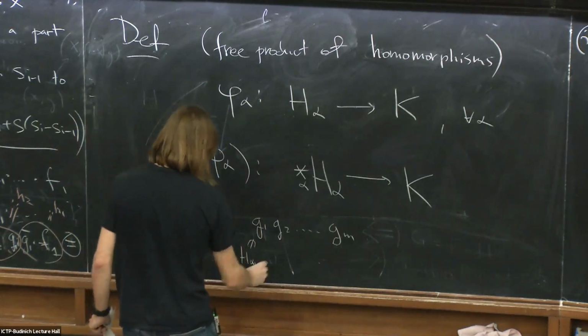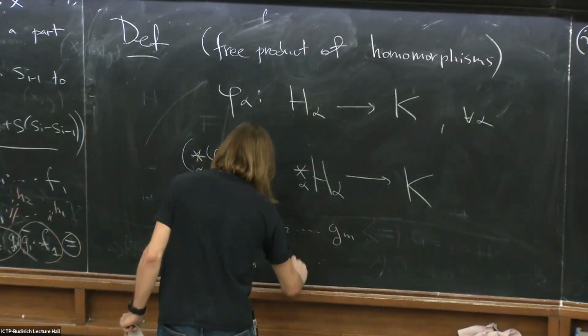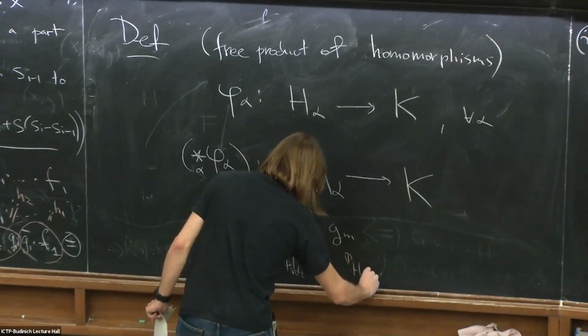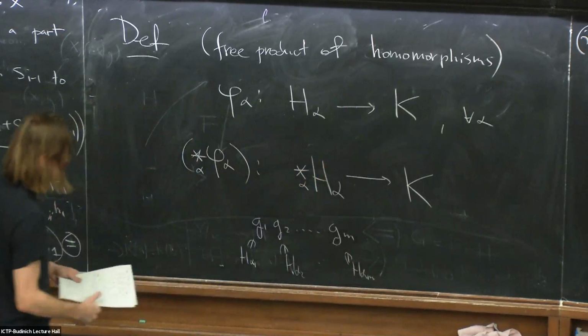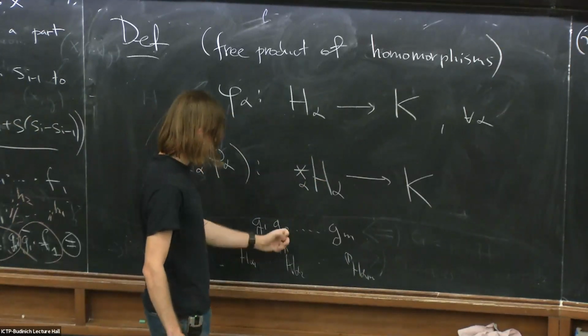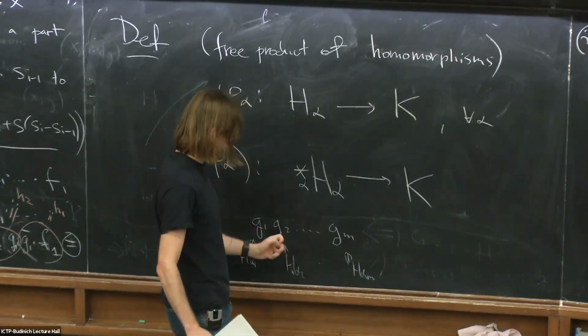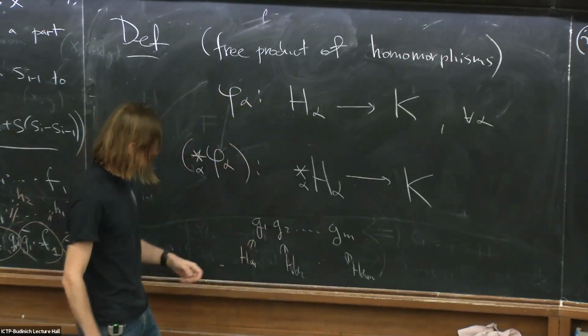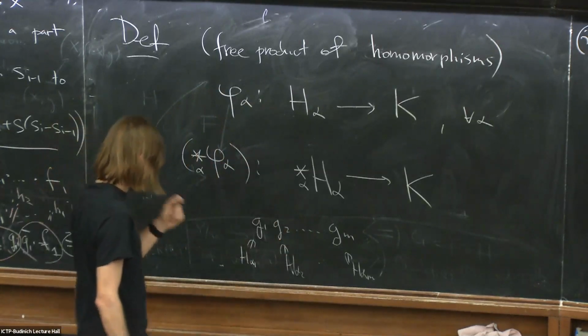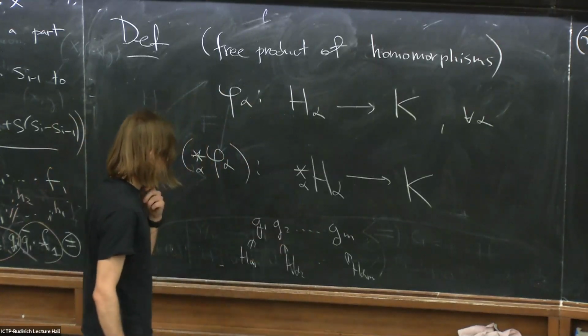For example, g_1 belongs to H_alpha_1, g_2 belongs to H_alpha_2, and g_m belongs to H_alpha_m. Again, reduced means that two consecutive elements necessarily belong to different groups, and there is no identity element of any of the groups.